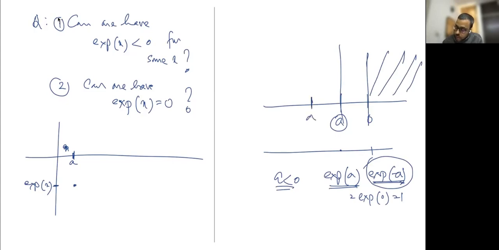For any point on the left, you look at the values at these two points: their product is positive, and the value at the positive point is positive, so the value here would also be positive. So in fact, exponential x is positive for all x.